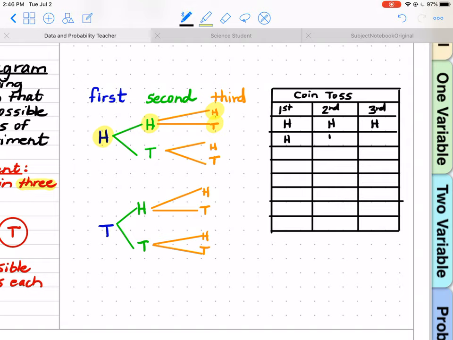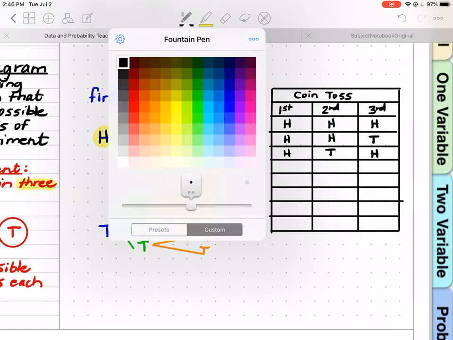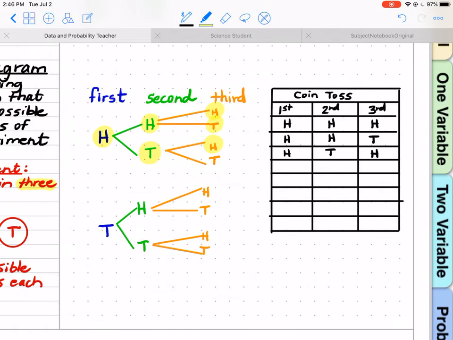So heads, heads, tails. Then here I have first one is heads, tails, heads, so HTH. And then, sorry, hit the wrong one, HTT. Okay, so these are all the yellow possibilities. If I follow those branches, those are my options.